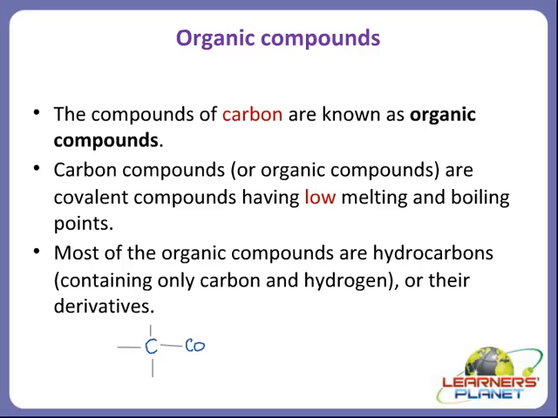Say there is COO minus, there is NH3 plus, there is one hydrogen, and this can be either an alkyl group, that is a carbon, or it can be a hydrogen. Now this is the monomer of protein. There are a number of amino acids which link together to form a protein.